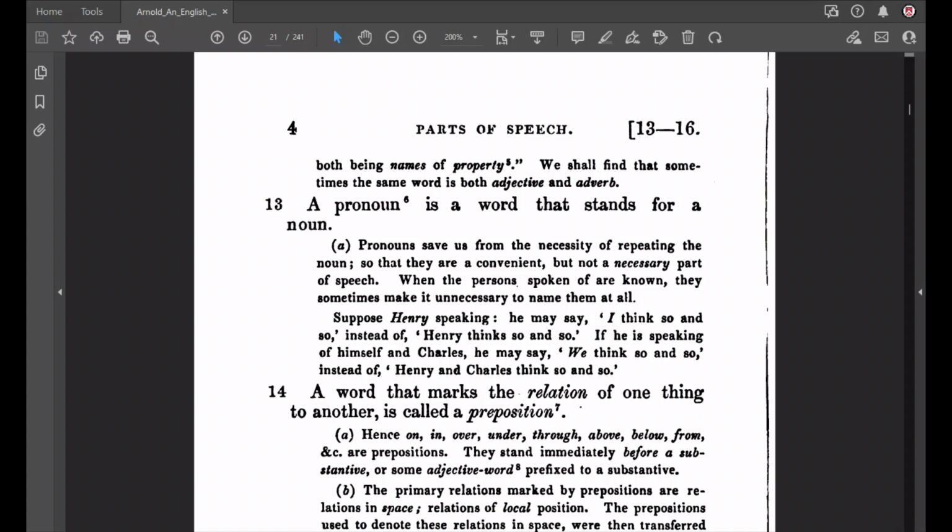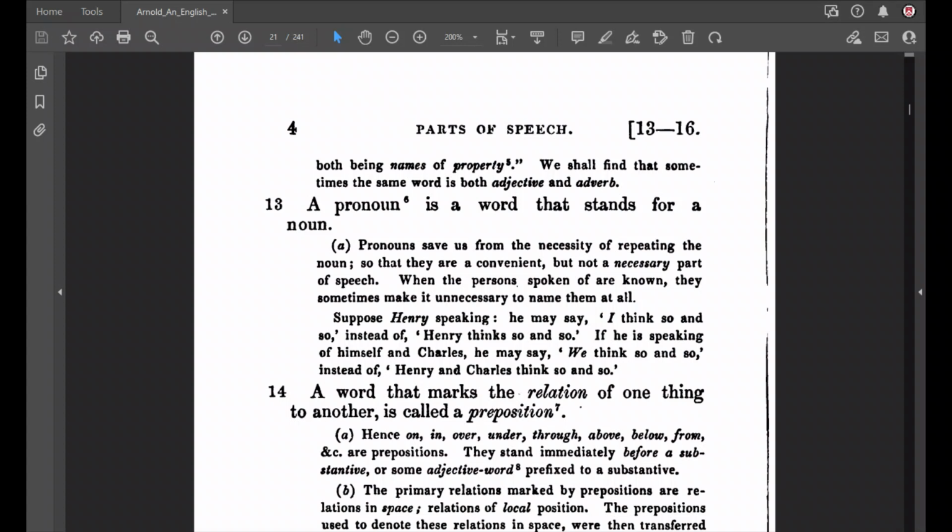And sometimes they may already be known without us naming them at all, and we can speak with pronouns and not even give the substantive nouns, because the person we're talking to already knows what we're talking about. So pronouns are not necessary. They're used for the sake of improving the style of our speaking and writing. And you're given an example there in that next paragraph.